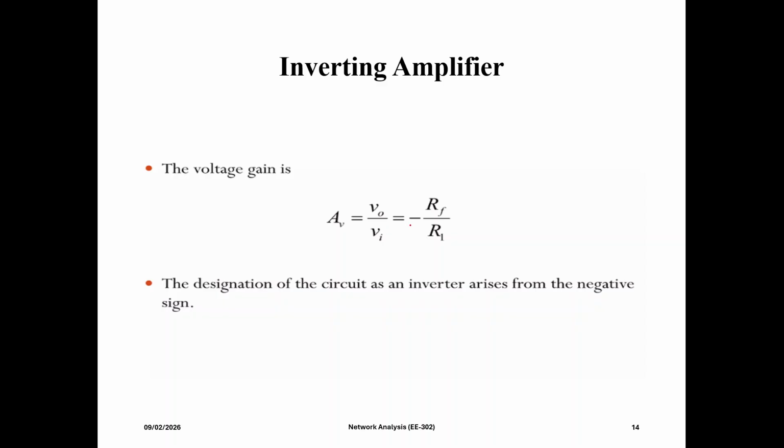This negative sign represents that the amplifier is inverting. So for the inverting amplifier, the gain is set by the ratio of the feedback resistor over the input resistor, that is R1, and the output is inverted relative to the input; this negative sign represents that.